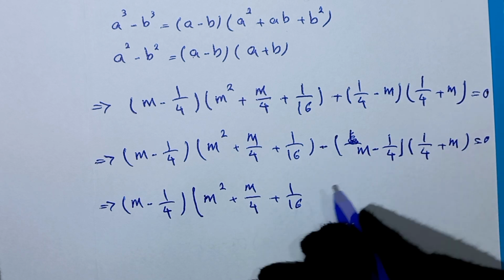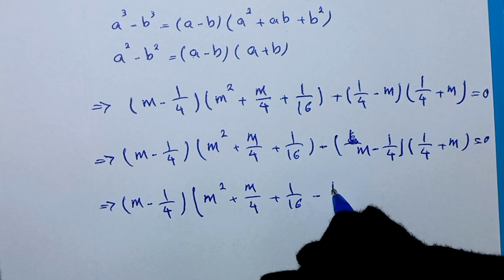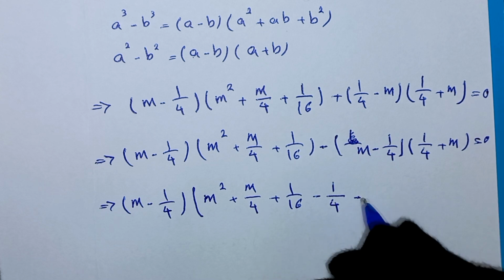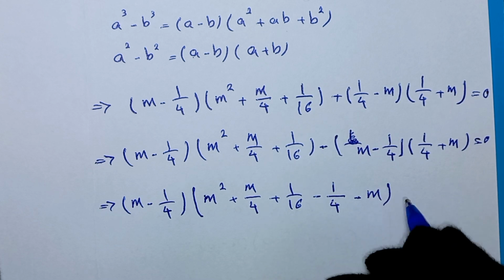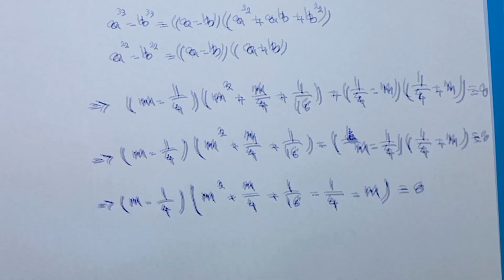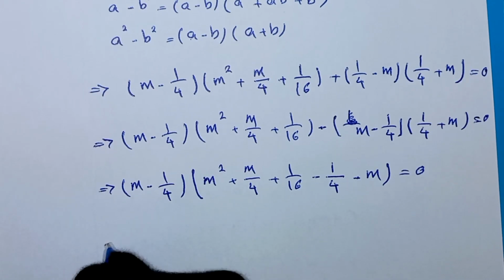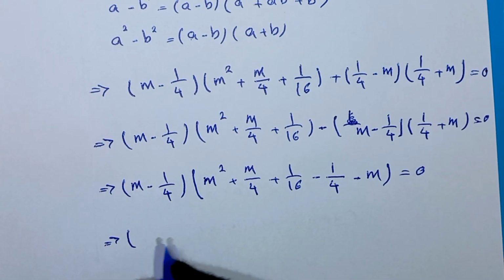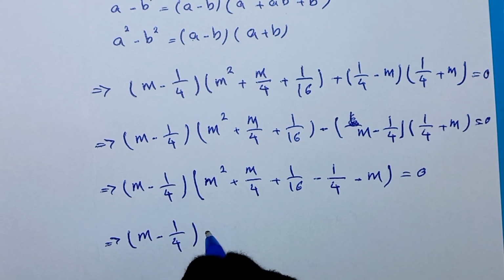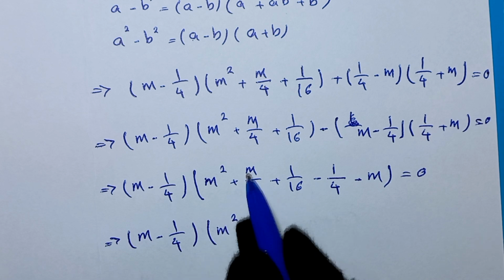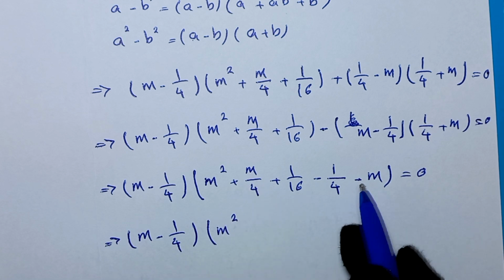Negative this, it will be negative 1 over 4 and minus m is equal to 0. And the next step, it will be m minus 1 over 4 times m square, m over 4 minus m.